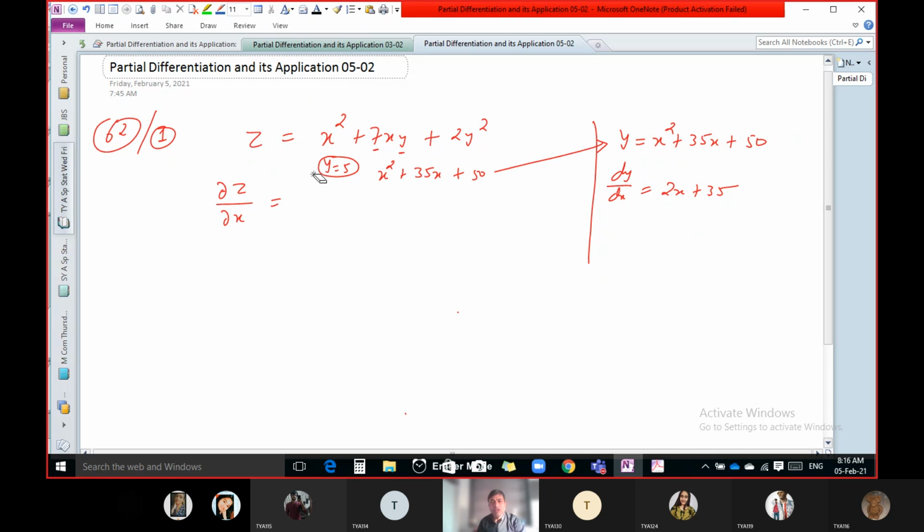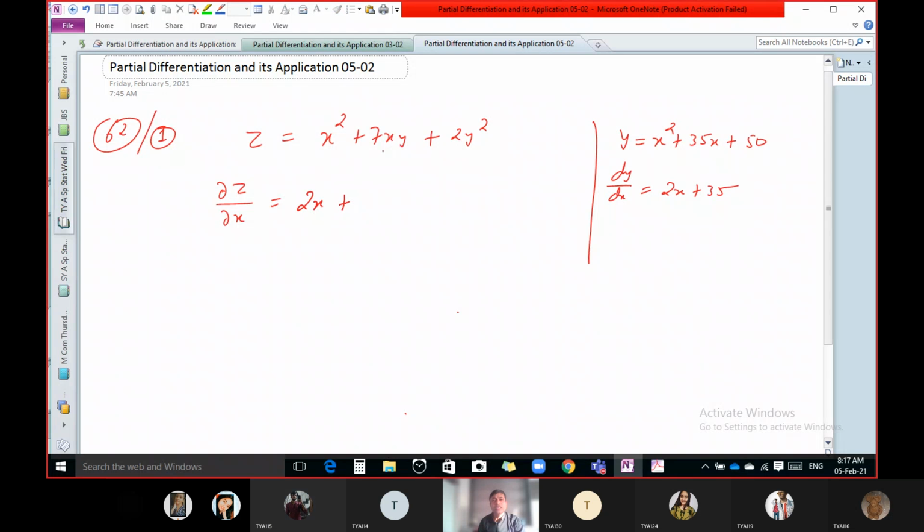So you can assume any value of y, or don't assume a value of y, just think that y is a constant and differentiate this with respect to x only. What is the derivative of x square with respect to x? 2x plus.